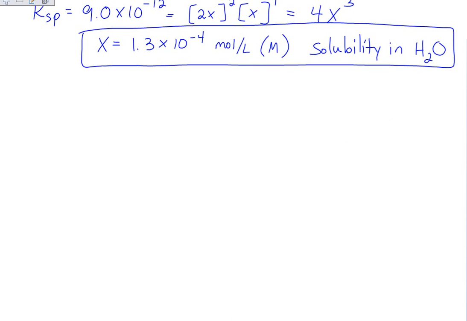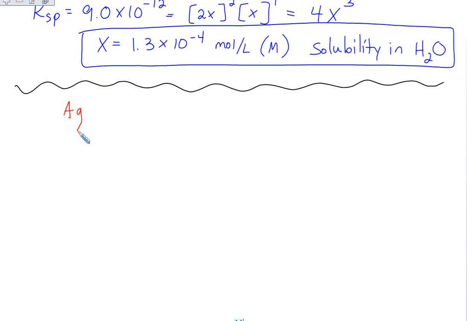Okay, so here's the second part of this. I'm looking at the same compound, so I can start it off the same way. I would have that silver dichromate in solution, forming 2 silver ions plus the dichromate ion.